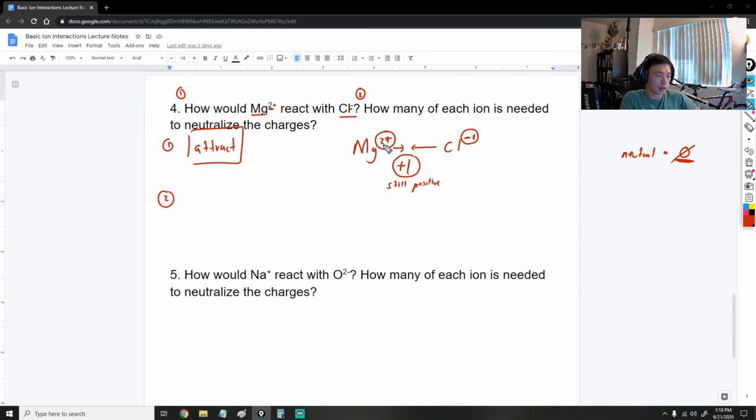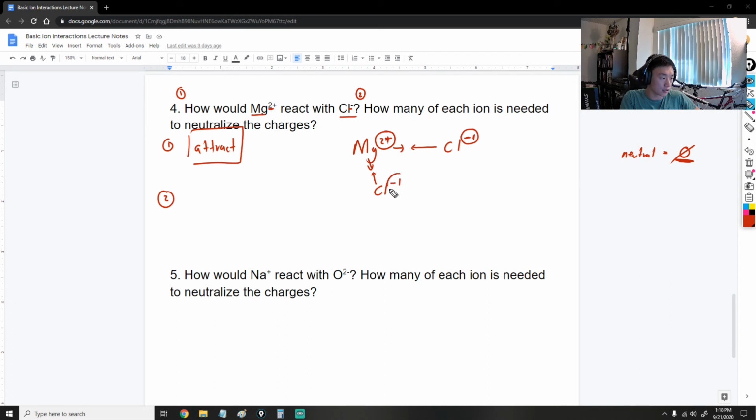Okay, so here we add Mg2 plus. We said adding a Cl minus is going to make it positive 1. So which one are we going to need to add more of? Should we add more Mg or should we add more Cl? Okay, should be pretty easy. We know that we are going to add another Cl because the Cl is going to attract with the Mg, and what's going to happen?